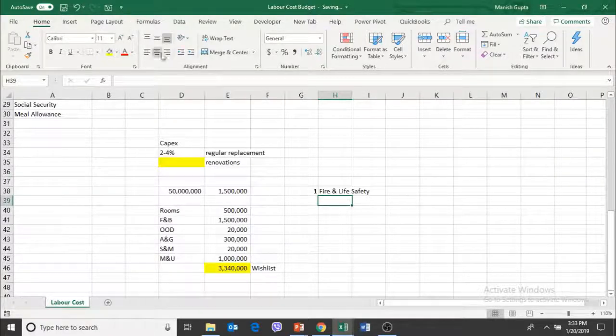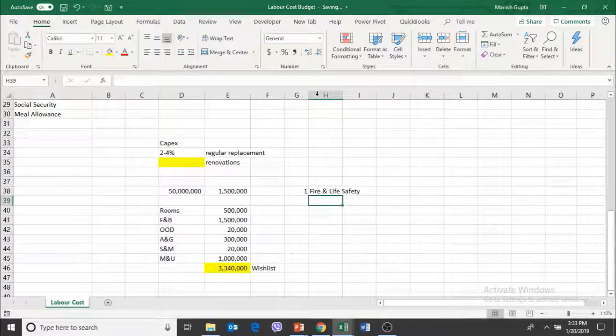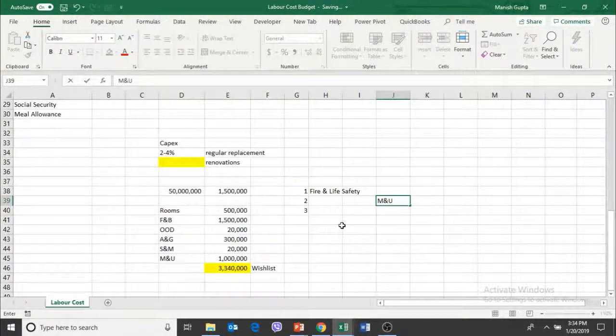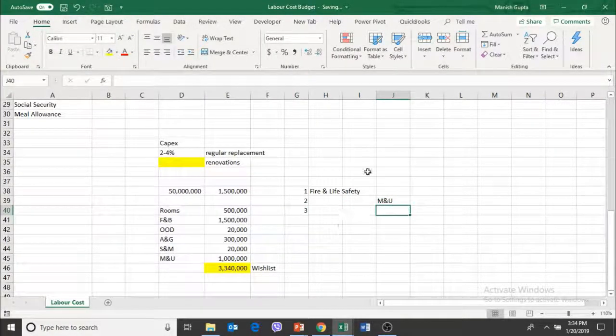What is the second one? M&U. Okay, that one also depends. For me, it's not a priority. So let's put the repairs and maintenance in the second slot.